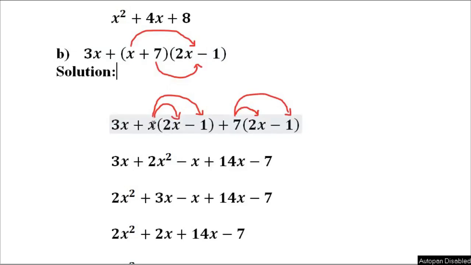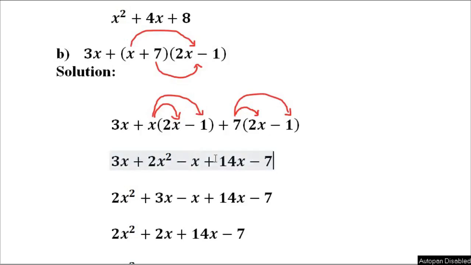Now let's distribute x to the 2x and to the negative 1. And then we can distribute 7 to the 2x and to the negative 1. We have 3x, x times 2x is 2x squared. x times negative 1 is negative x. 7 times 2x is 14x, and 7 times negative 1 is negative 7.